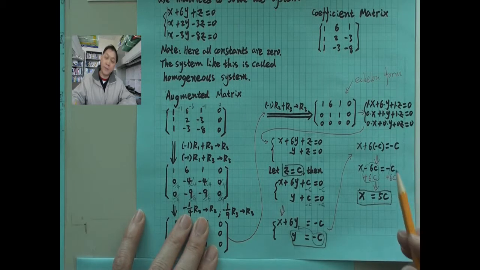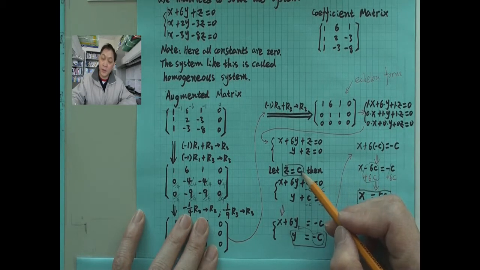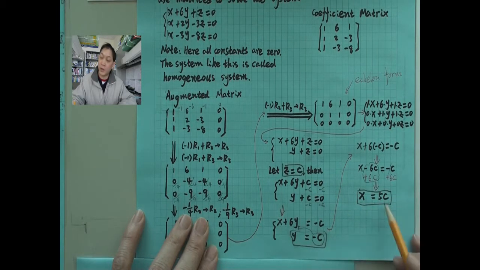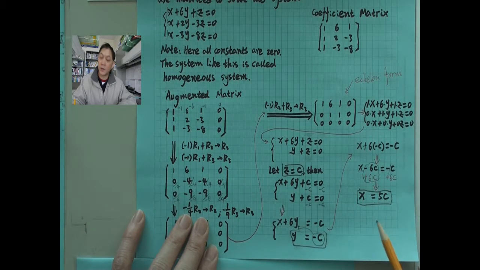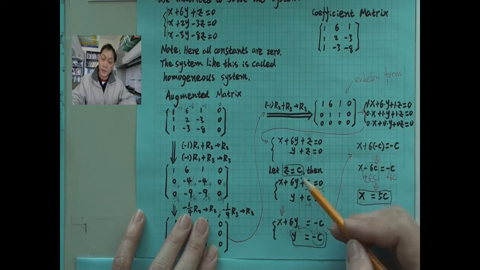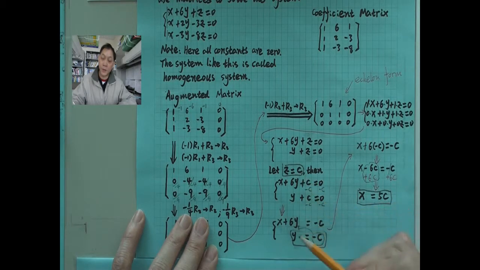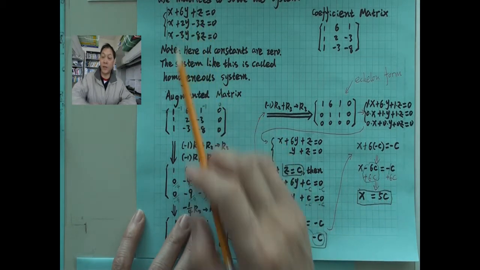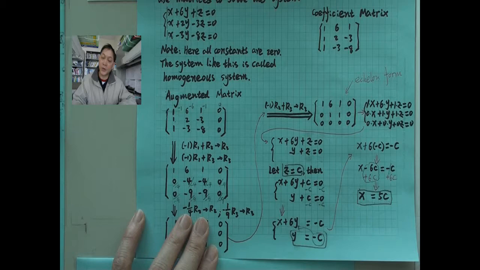Of course, again, if c is 3, then z will be 3, y will be negative 3, and then 3 times 5 is 15, x will be 15. Okay. Of course, you can let c be 1. If c is 1, z will be 1, and y will be negative 1, x will be 5. So this equation has infinitely many solutions.